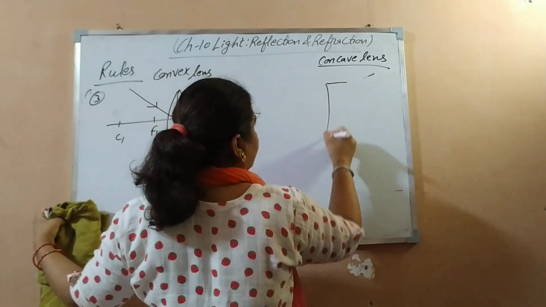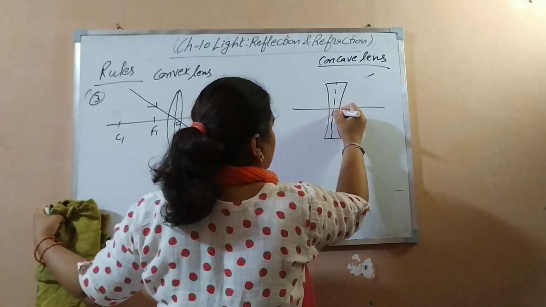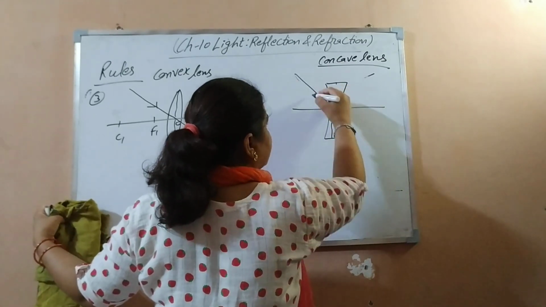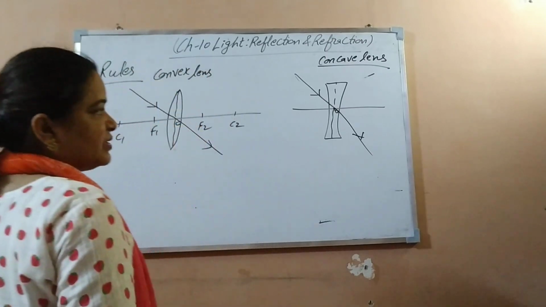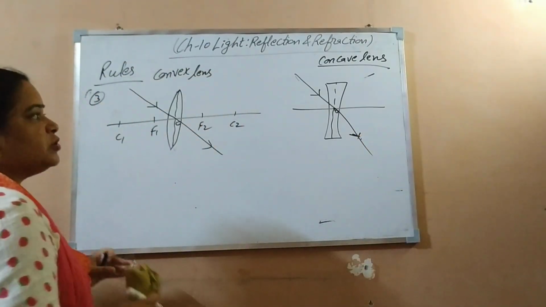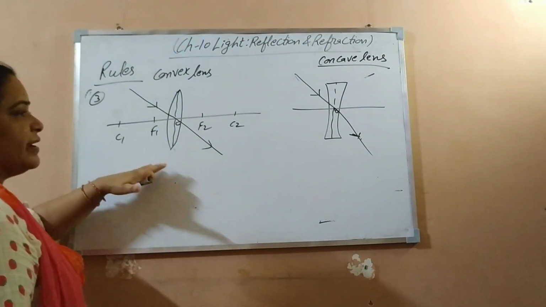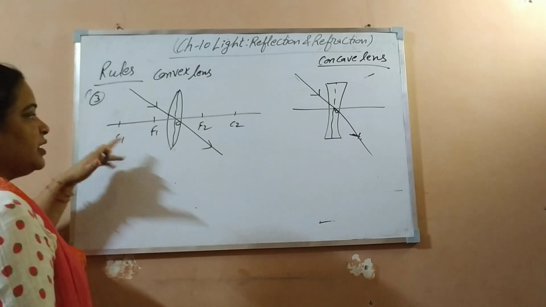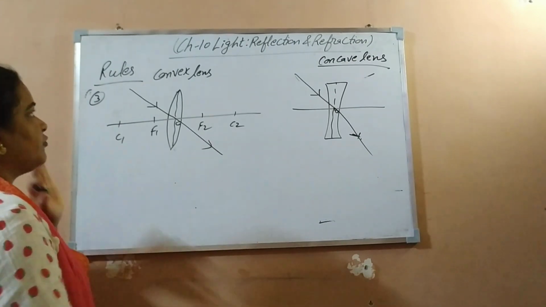Same here for the concave lens. Till the optical center it is incident, then it passes through the optical center straight without any deviation. So these are the three rules we will use. Whenever a ray passes through the optical center, there is no bending. It goes straight. Clear? Like in the previous two cases we were bending the rays, like passing through the focus, here it would not bend.